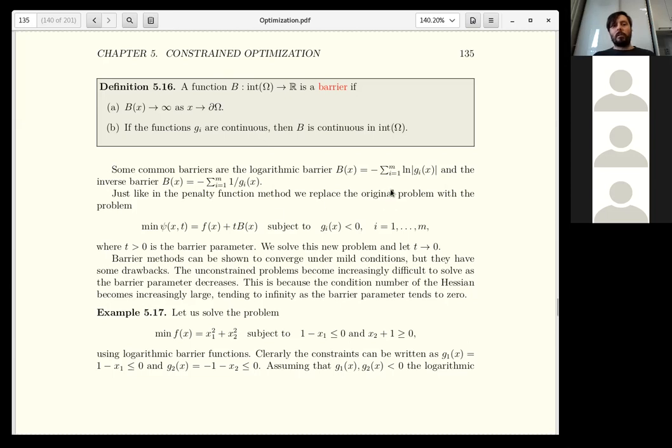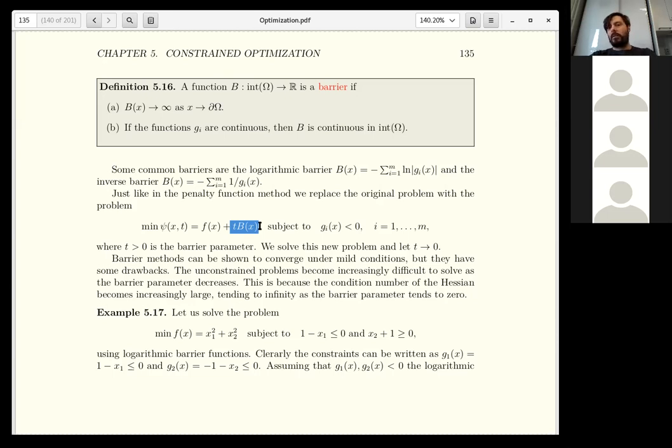We can now replace the original problem: take the original cost function, but now we incur this barrier with a coefficient t. In this case, we've raised the barrier. You can think of it this way: usually we have a region with a sharp edge, but now we raise the edges of the region and prevent algorithms from converging outside the region, because when we approach the edge, the cost increases rapidly towards infinity.